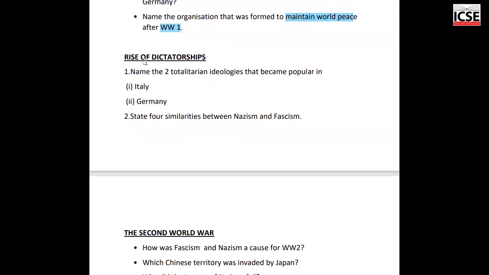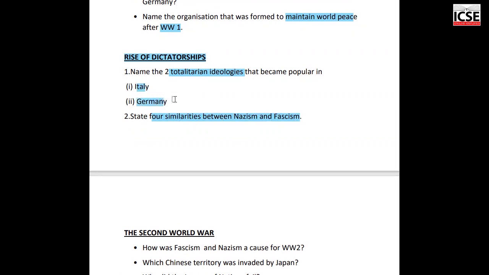The next chapter is the rise of dictatorships. Here, what is the important topic? You need to know the 4 similarities at least between Nazism and fascism. Apart from that, you should know what is Nazism, what is fascism. They were called totalitarian ideologies. Where did they become popular? In Italy, it was fascism.